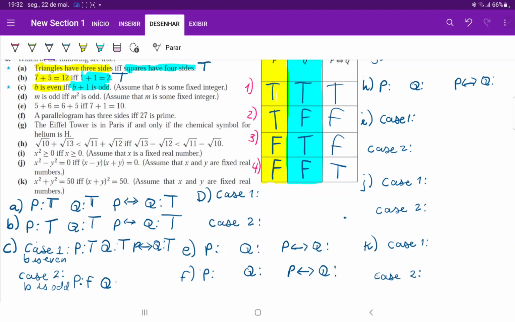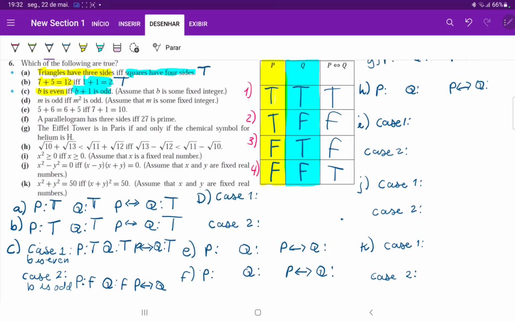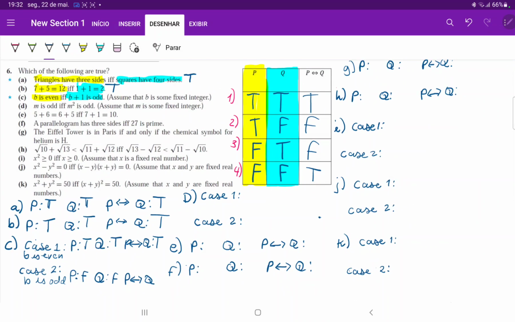So Q is false. And then the biconditional P if and only if Q, now we're at the 4th row of the truth table. In the 4th, we have F, F, T. So the biconditional is true. So regardless of whether B is even or B is odd, this biconditional is true. Okay, let's go to D.